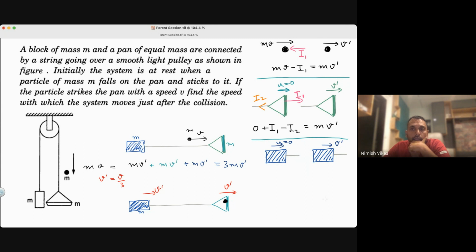Now what do you write, guys? What do you write? Anybody? Apart from Sanskriti? What will you write? What is the impulse it is getting now?